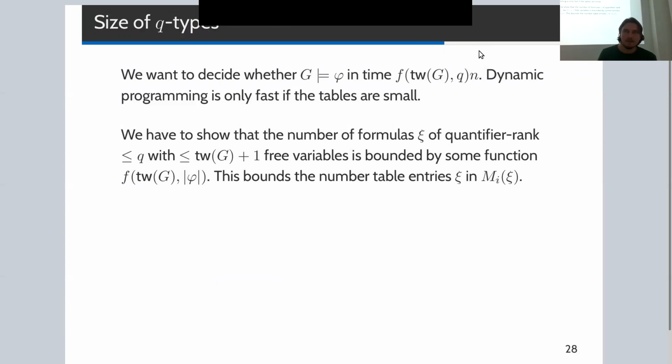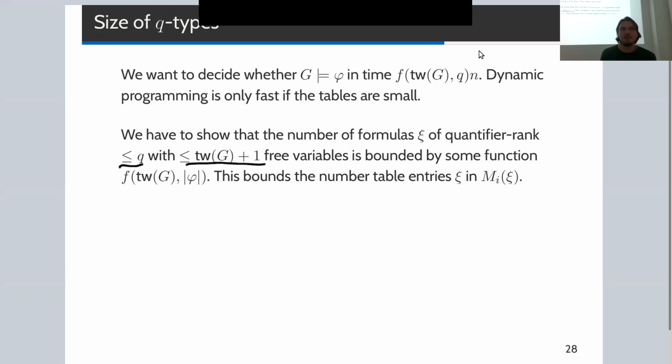What we have to show is that the number of formulas with quantifier rank at most Q and at most tree width plus 1 variables is bounded, because this is the kind of thing that we store for every element in the bag. For every element in the bag, there will be one free variable, and the number of free variables is therefore at most tree width plus 1.